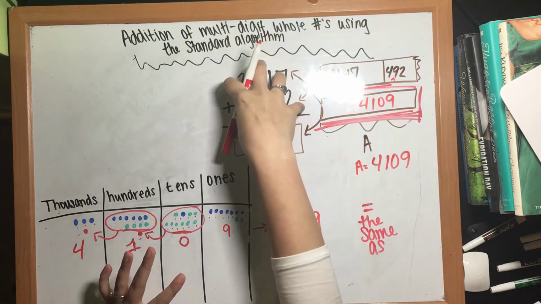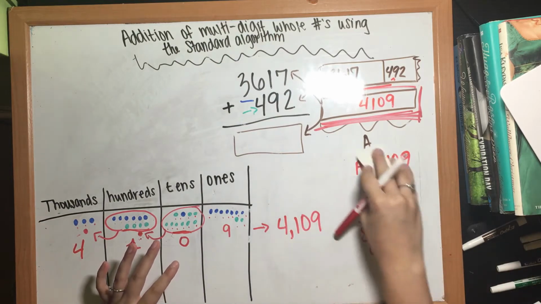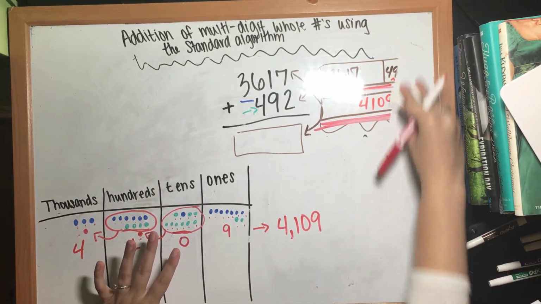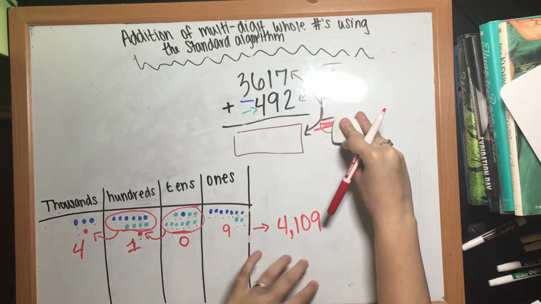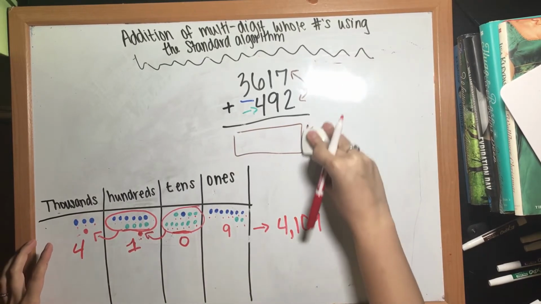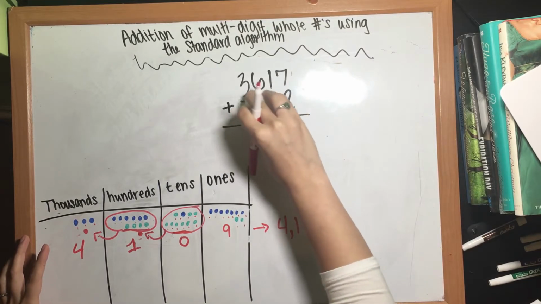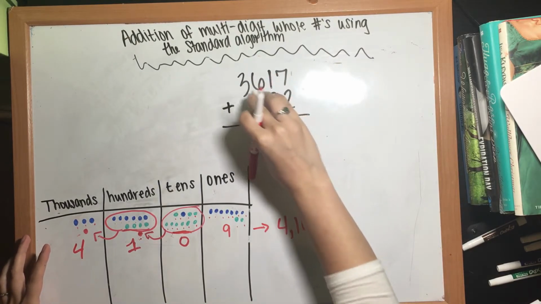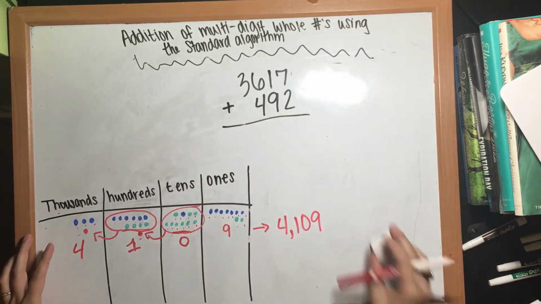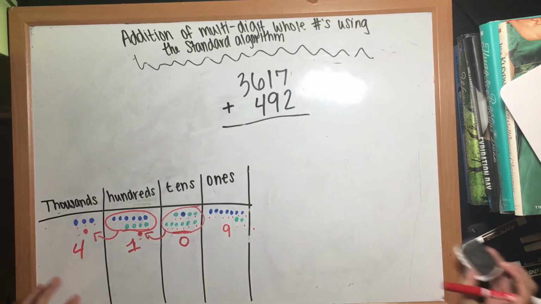So now we'll move on to the numeric form of the standard algorithm. Like I said, this is the standard algorithm as well. It's just a picture version of it, and it's a more kid-friendly version to work with when they're first learning.